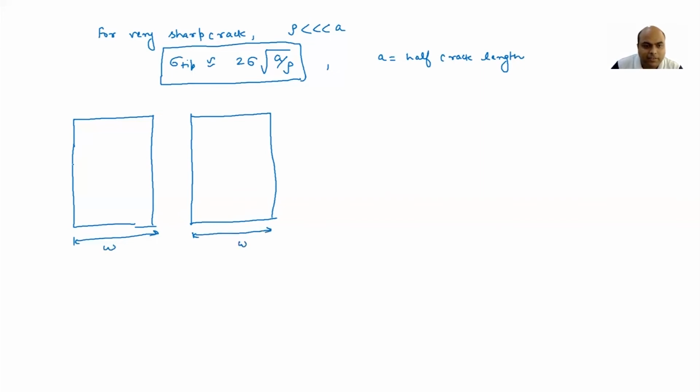Now if I introduce a crack here and then another crack of higher length, right? Now if you remember the concept of stress trajectories or line of forces, right? And if I apply the same concept with all these lines here, and the applied stress is also the same. So I'm keeping the width the same, sigma is the same. The only thing I'm changing here is the crack length.